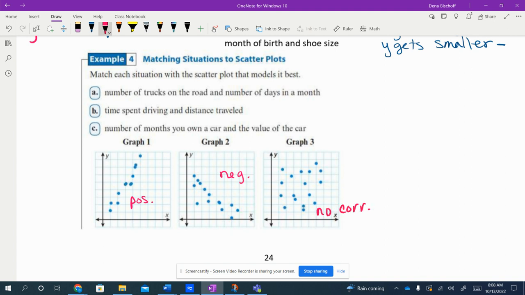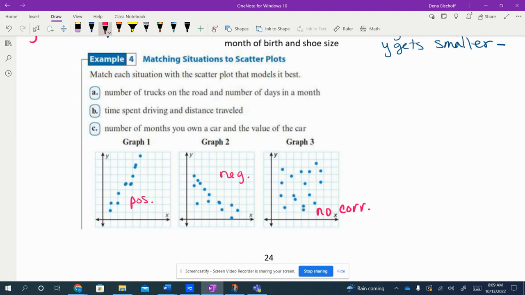So let's read the scenarios and see if we can come up with a match. So the number of trucks on the road and the number of days in a month. Let's think about that for a second. What about the time spent driving compared to the distance that you travel? Or the number of months you own a car and the value of a car?